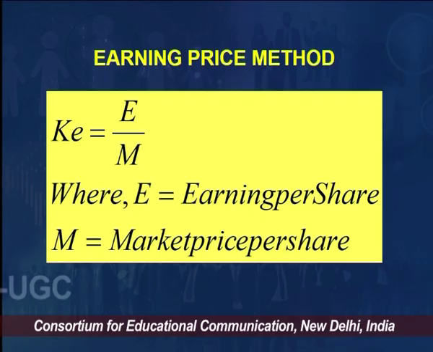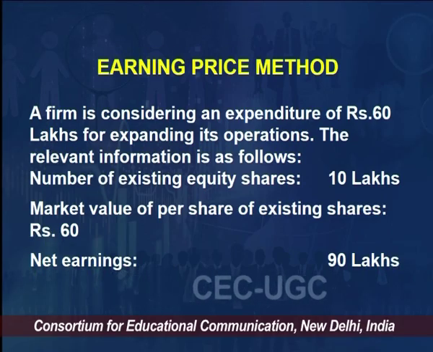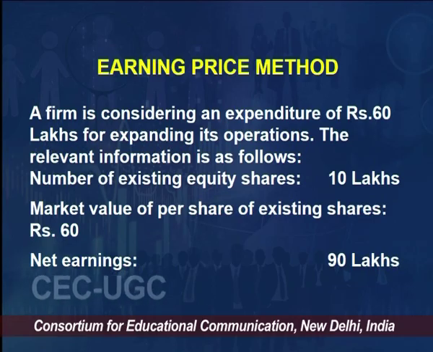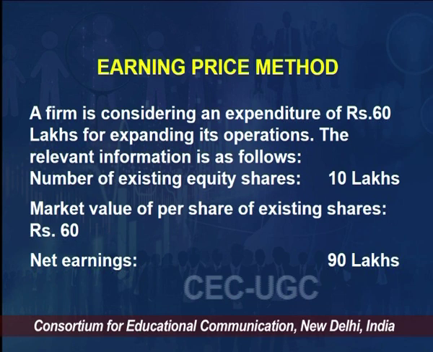So, I will help you understand this method with the help of one example. So, take up this example. It says a firm is considering an expenditure of rupees 60 lakhs for expanding its operation.